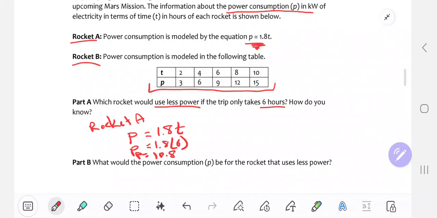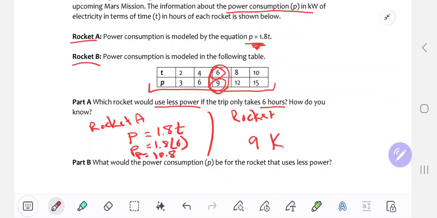So that's rocket A, and then rocket B, very simple. I feel like it's so simple that you might have missed it, but they give it to you right there. For 6 hours, it's going to be 9 kilowatts of energy.